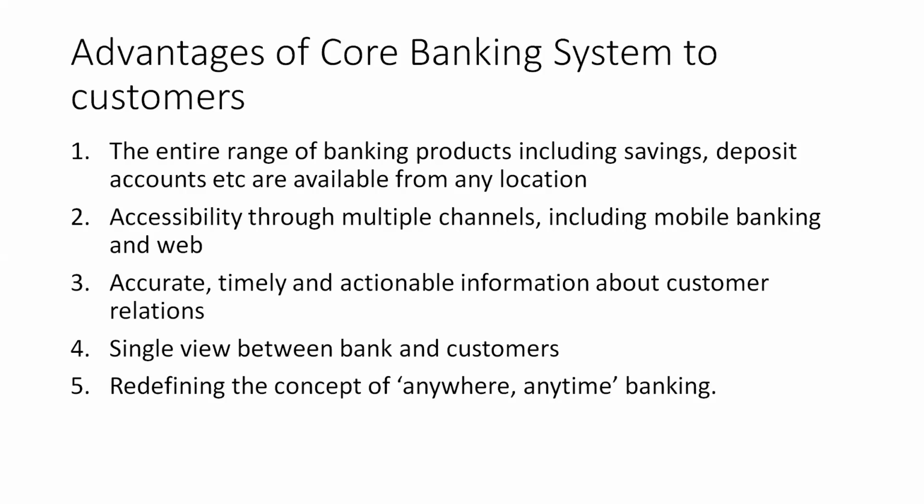No bank personnel or individual involvement is there. Automatically the machine will take care of it once you program that particular action. Suppose a customer withdraws the money, it mentions that your withdrawal limit is over. So this is why accurate, timely, actionable information about the customer relations is available with the bank, and the banker can easily handle the customer things according to the rules and regulations of the bank.